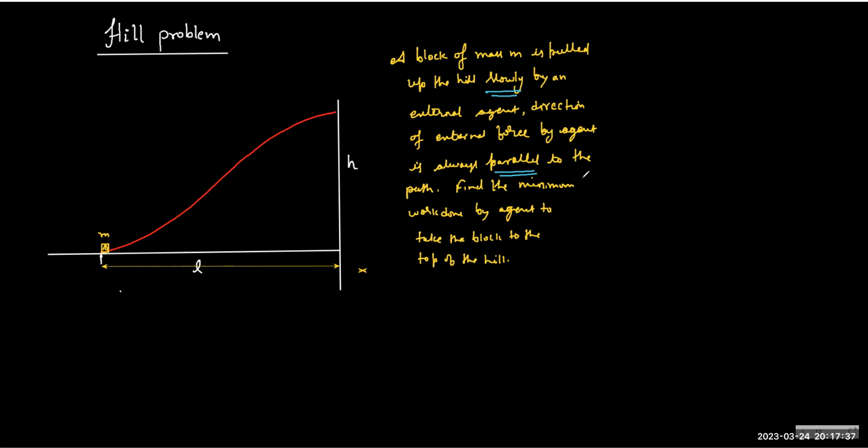When I say the word slowly, it means the block should not accelerate at any point, which means the tangential acceleration of the block is always zero, as well as the centripetal acceleration, because it's a curvilinear track, so it could have both accelerations. So slowly means we are not actually interested in the acceleration part.